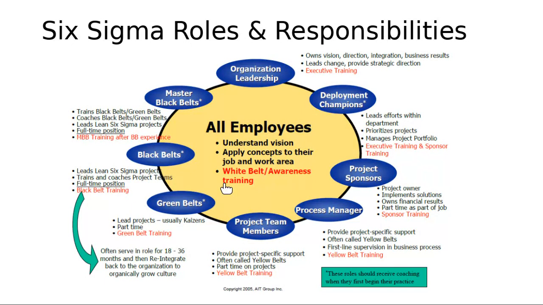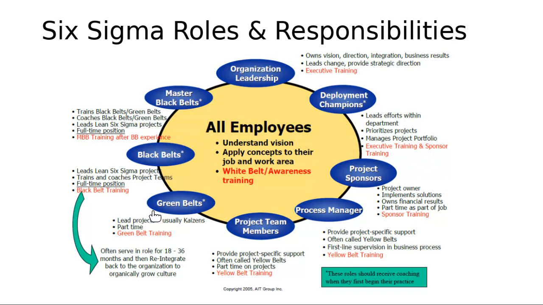The green belts lead projects in terms of the team, not in terms of the goals and the portfolio. They can lead those team members, and those two, the green belts and the project team members, sometimes can be merged together into one unit. Those people need a green belt certificate, or they must have finished green belt training, to be eligible.